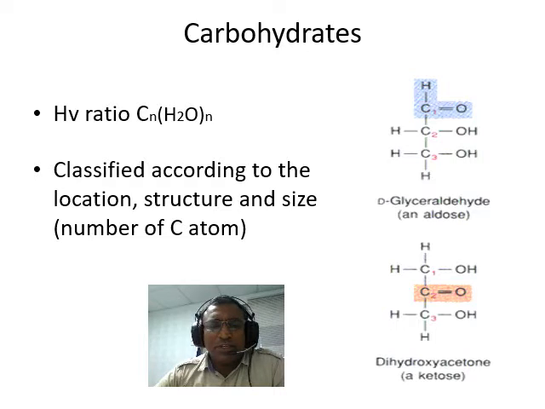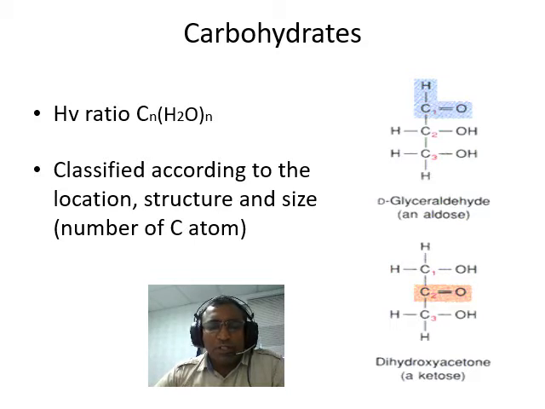That means lipid is in reduced form, and carbohydrate is more of an oxidized form. It can be classified according to location, structure, and size. Location wise, you have starch found in plant chloroplast, and glycogen found in either liver or muscle. So it varies in terms of location based on the type of carbohydrate.